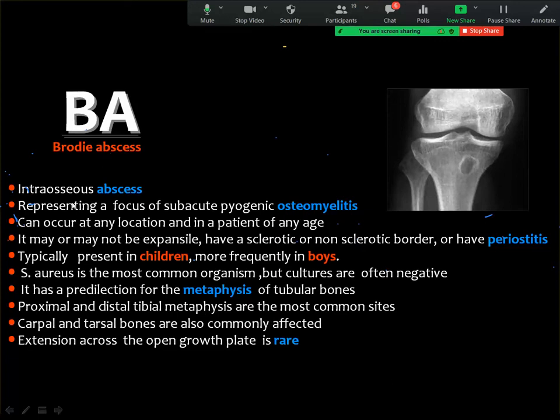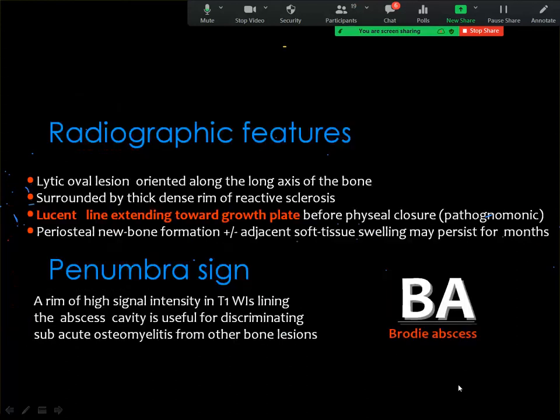Brodie's abscess is an intraosseous abscess, and it is a form of subacute pyogenic osteomyelitis, usually seen in children, more frequently in boys than girls. The causative organism is usually Staph aureus. It occurs in the metaphyses of the tubular bones. The proximal and distal tibial metaphyses are the most common, and this lesion is surrounded by a sclerotic margin in the plain X-ray and the CT.